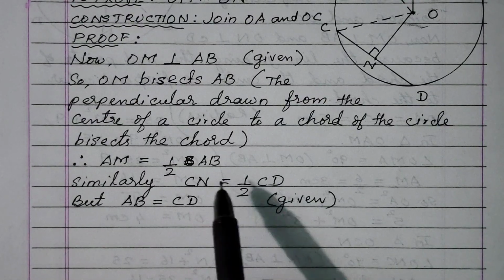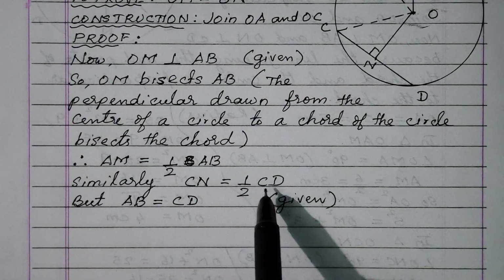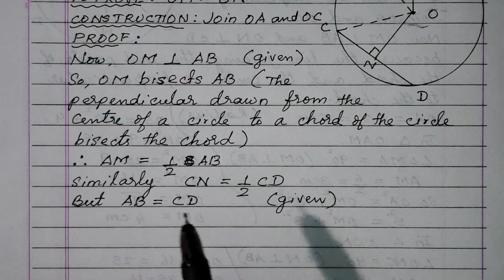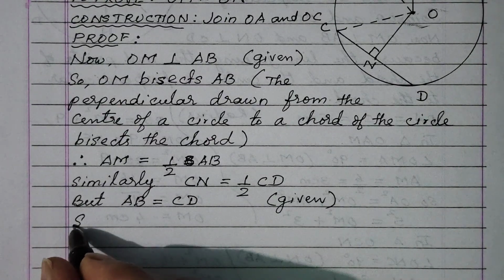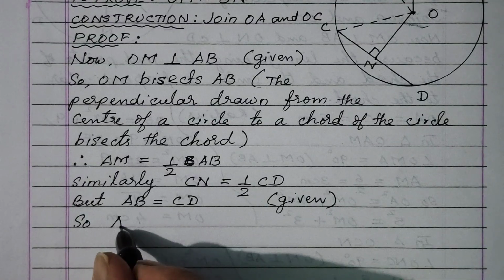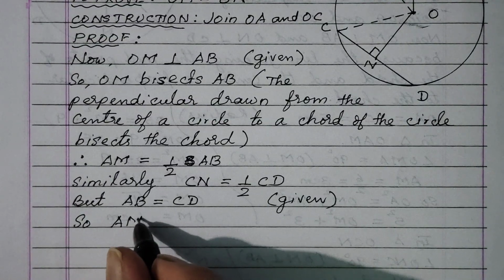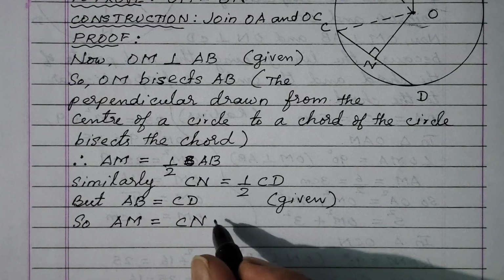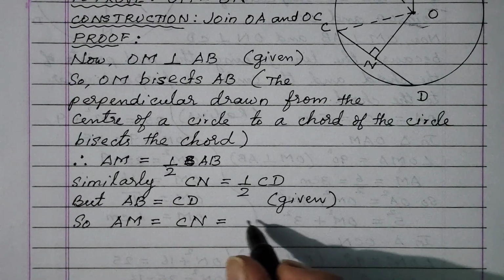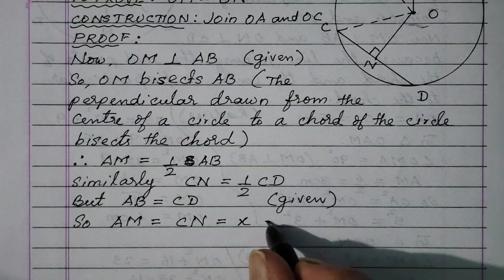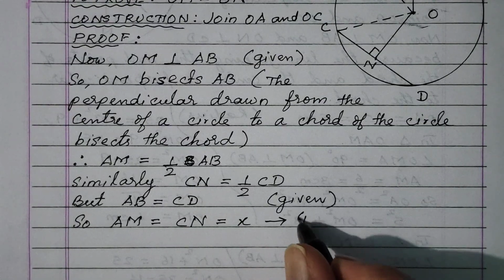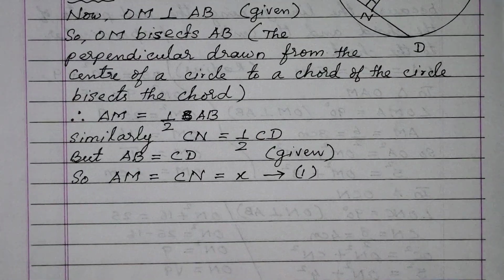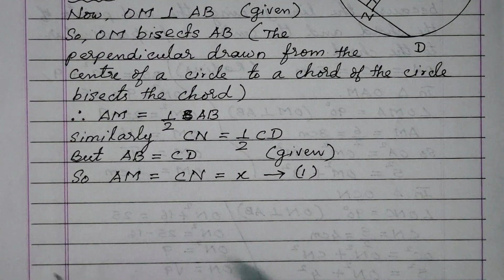So the right side of these two equations will be equal. So AM is equal to CN. Let this be equal to X. I will label this statement as 1. AM equal to CN equal to X, statement 1.